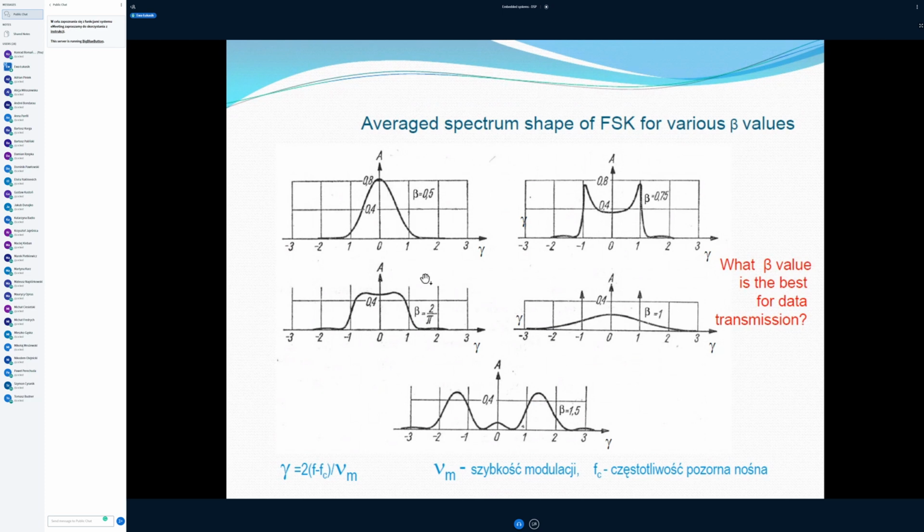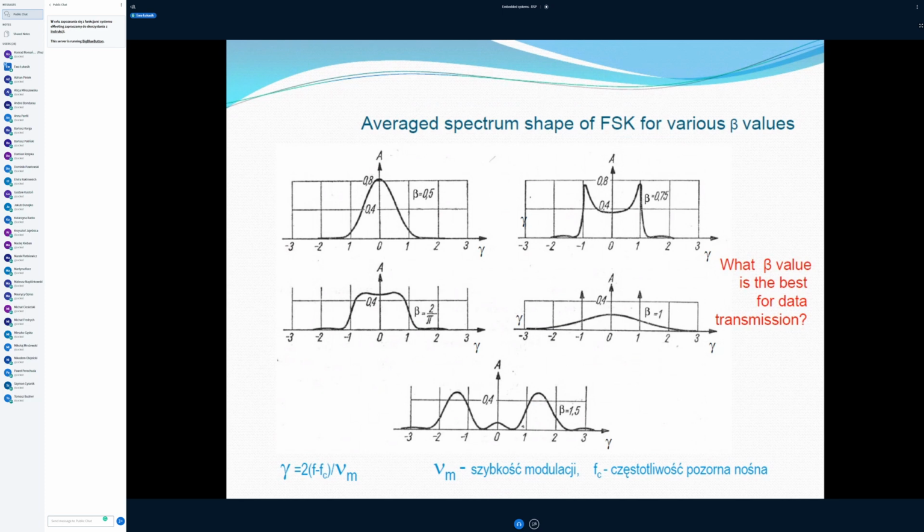Because we have the spectrum, all the energy of the signal concentrated around the carrier frequency, and it's very narrow. And in case when we have a big value of beta, it is not so narrow, and the maximum of energy is near the end of our band, and it may be distorted by filters.